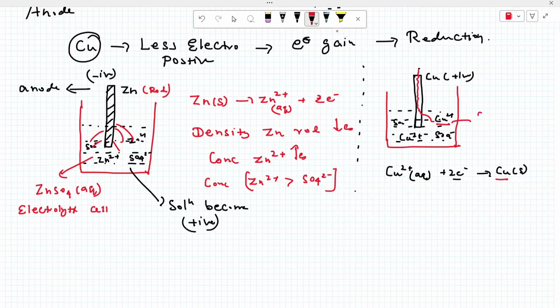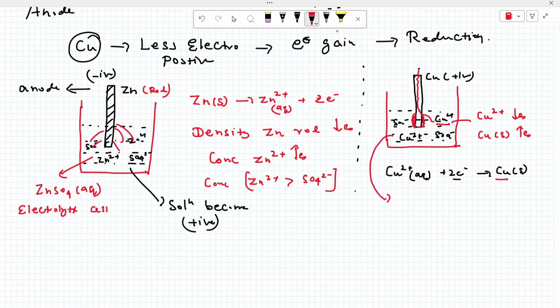You know, the copper 2 plus concentration decreases. At the same time, copper 2 plus becomes copper. This copper is going to deposit at the copper side. After deposition, the copper solid density increases. You got the point?